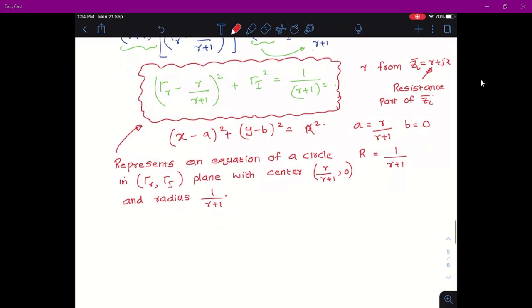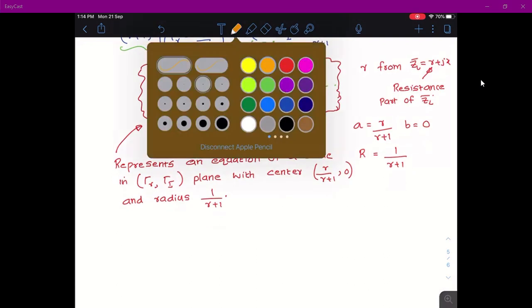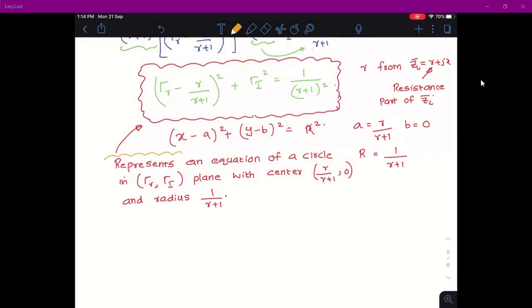That is an important conclusion, which says that we can represent this as a circle in the tau r tau I plane.